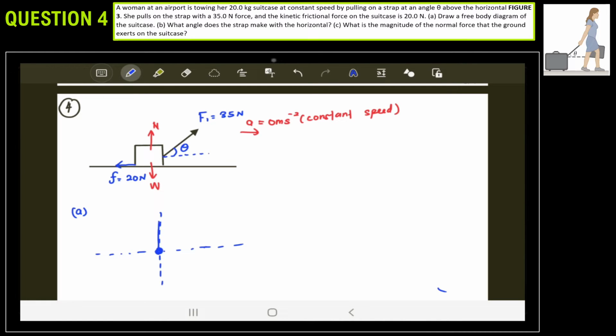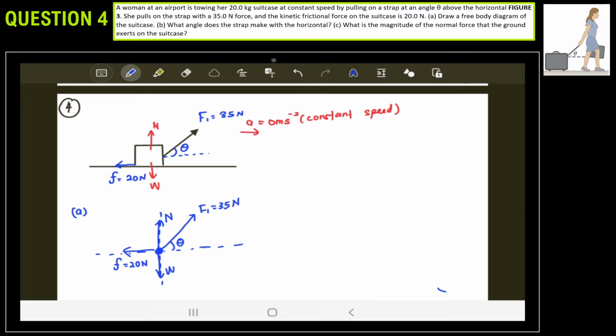Normal is upward, F1 is in this direction at an angle of theta, the weight is downward, and the frictional force is in this direction, 20 Newton. Everything must be there, the direction must be correct, you must label the arrows, and the tail of the arrow must start from the dot.